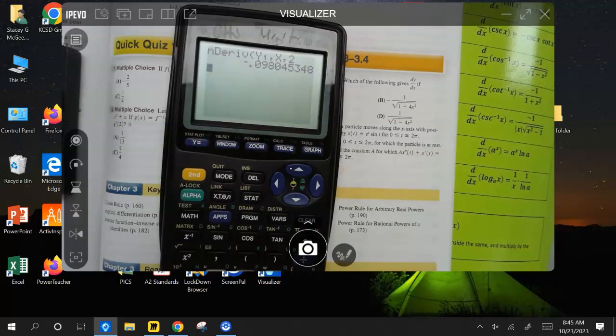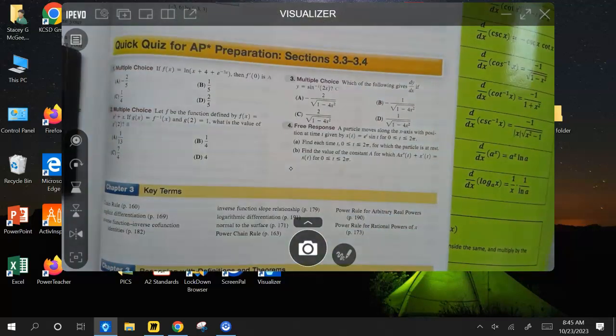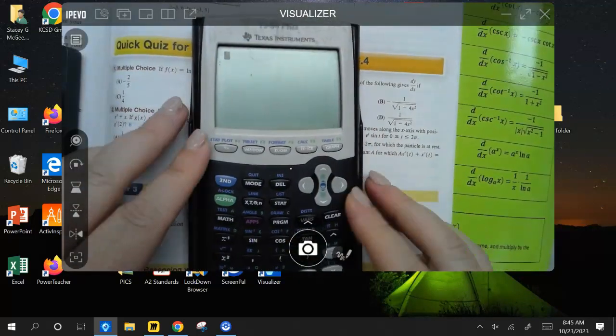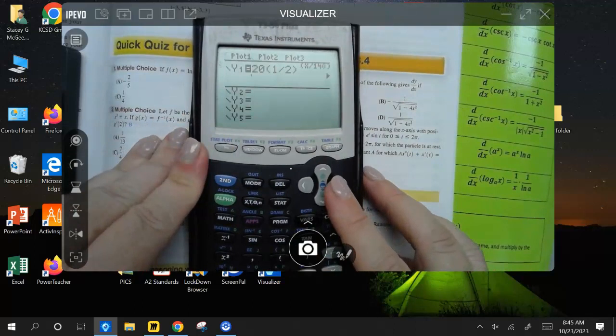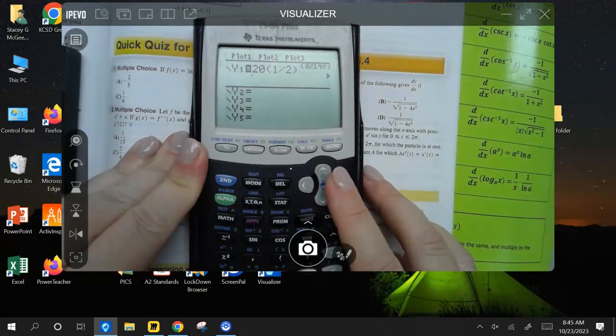All right, it does not look at all like ours. Let me see somebody's, and I'll put it up here. All right, there's your function, right? Everything's right.